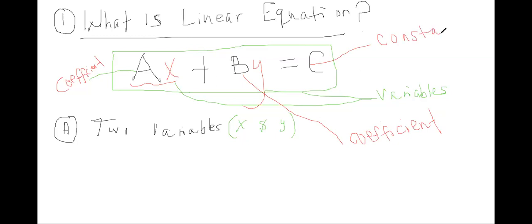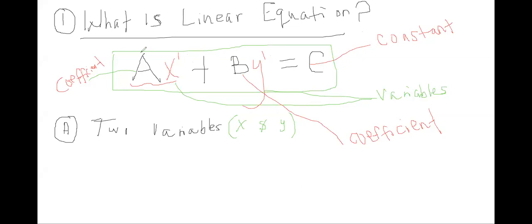The name linear equation comes because the variables, X and Y, have a highest power of 1. If you see any variable that is written with no power to it, you can assume that it has 1. If the power instead of 1 is 2, we cannot call it a linear equation.